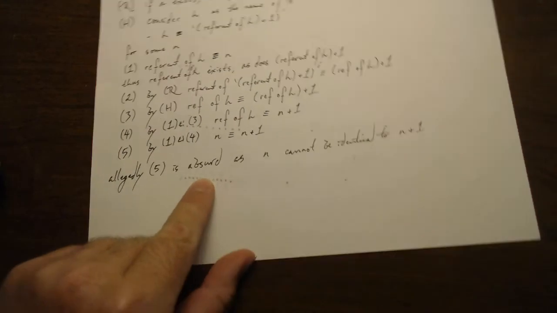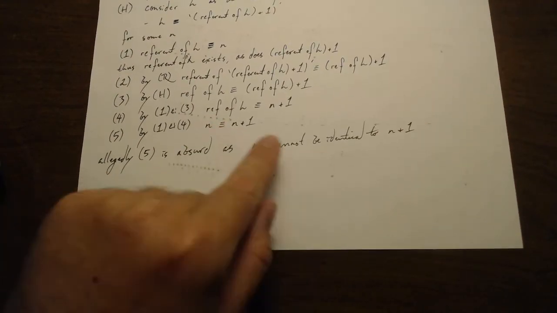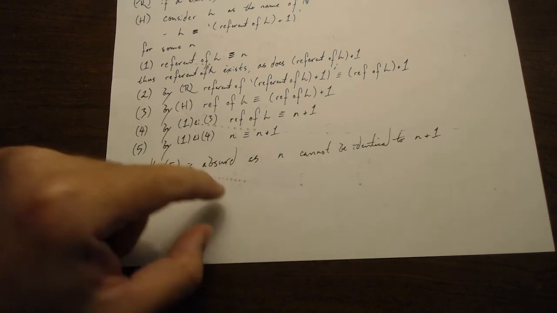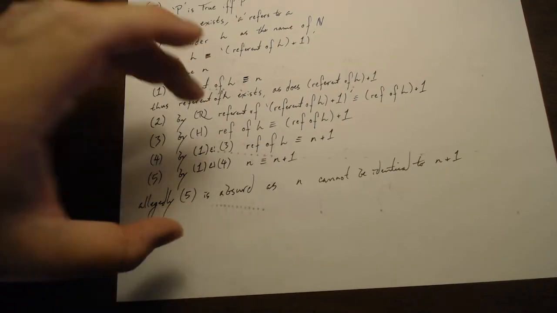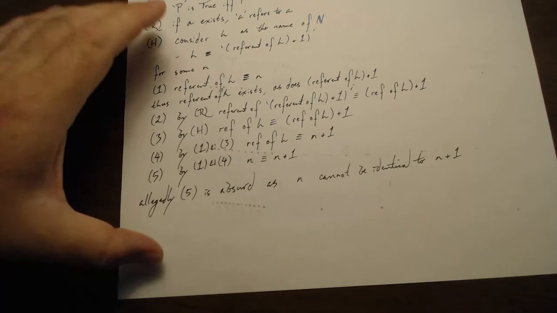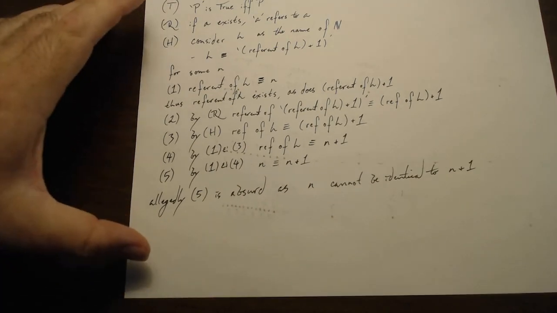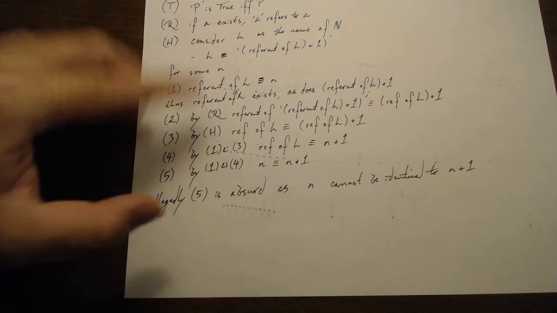Thus, it's not absurd that n looks identical to n plus 1. What this shows is that you never defined 1 properly in the first place. You didn't actually do the work correctly. That's where the paradox is arising from. This result, I think, is correct.